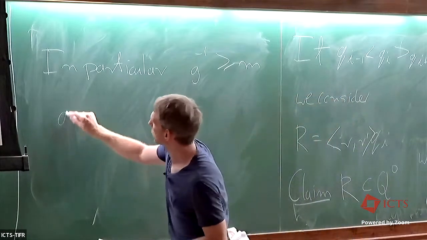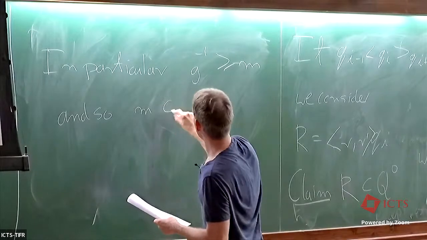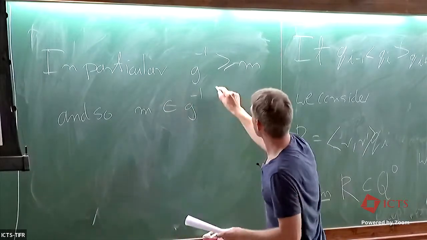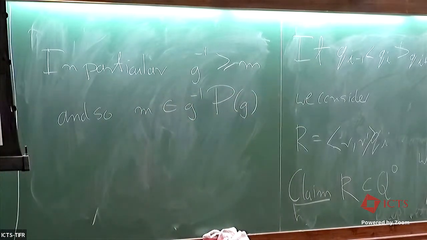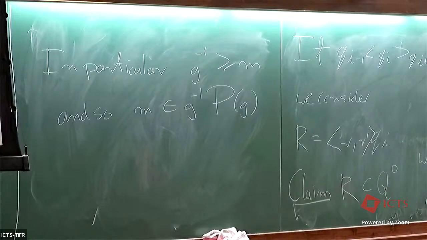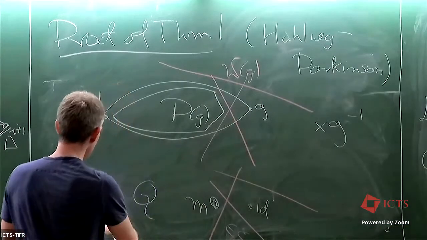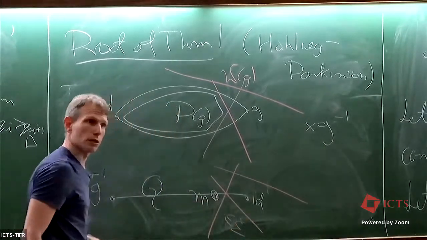And so this means that M belongs to G inverse curly P of G. Because the condition for being in curly P of G was that you had to lie on the right side of those red walls in W of G, which we have. Q is on the correct side. And you have to lie on a geodesic from identity to G. But since G inverse is larger than M, by definition, this is a geodesic.